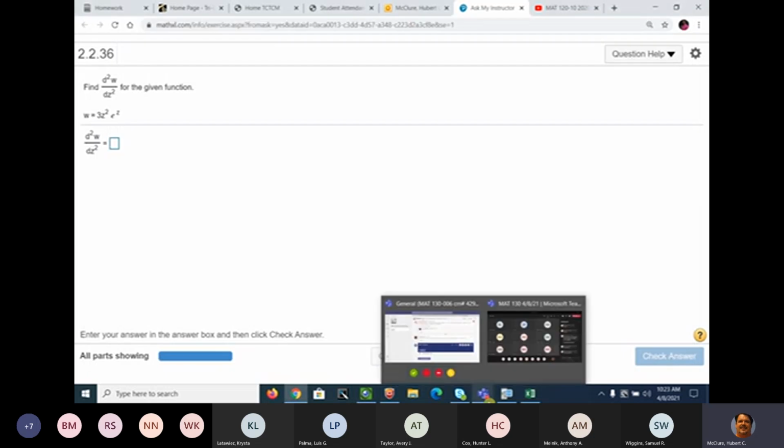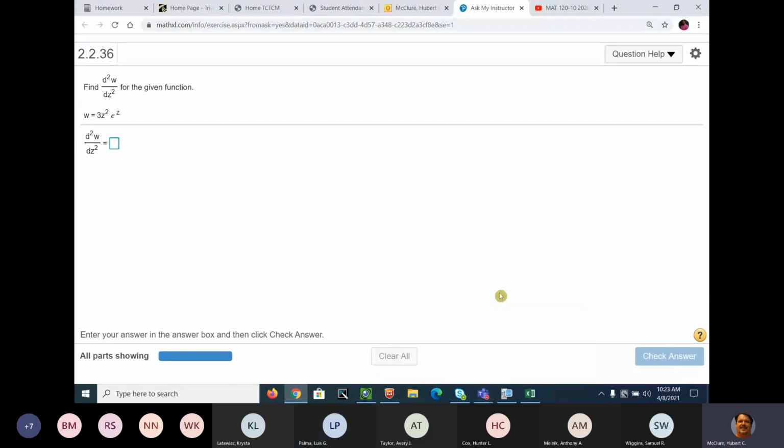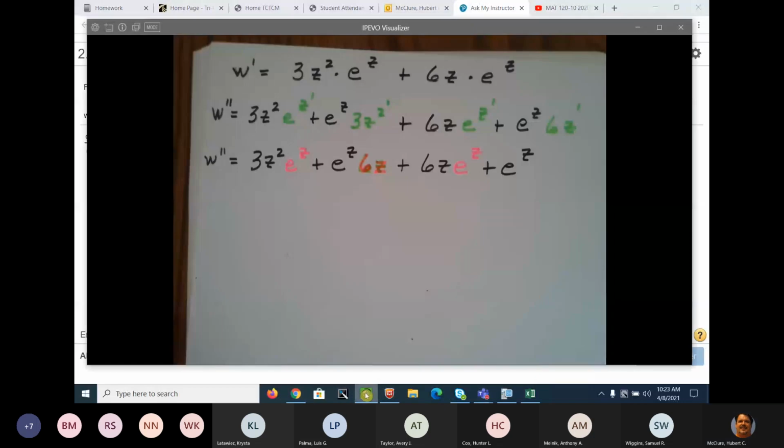Oops, that's supposed to be pink. Plus e to the z plus e to the z times, we can't see what? Sorry. 6.